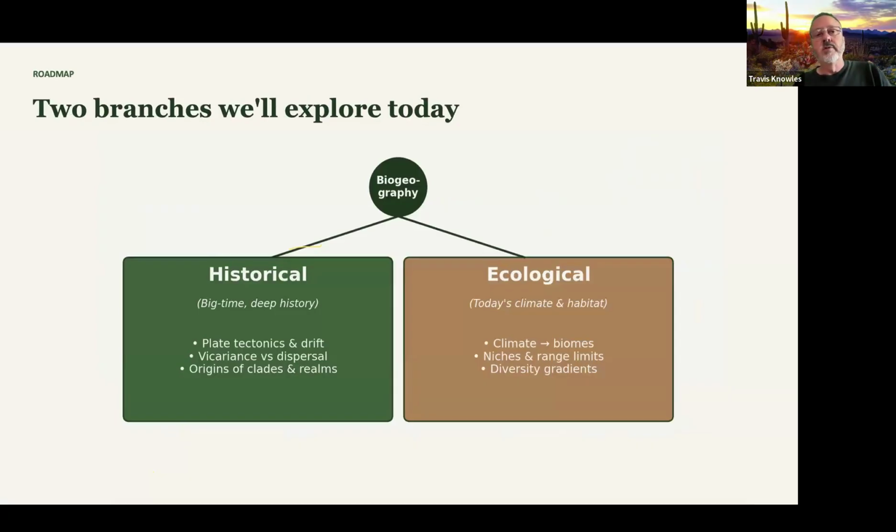All right, so here are the two branches that I want to give you basic background on today. One is historical, and you need to think long periods of time, big time periods, deep history. We're talking about millions and hundreds of millions of years. Our brains don't think on those timescales very readily. We usually think in terms of minutes, days at most, and if we really strain ourselves, we might be able to think about weeks, months, and maybe years.